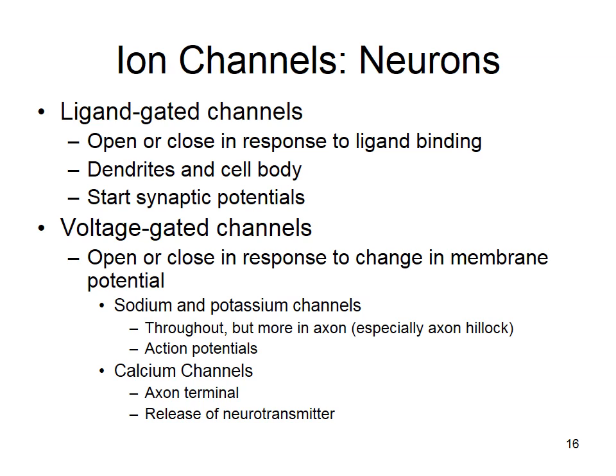Okay, so neurons have two major types of gated channels. They've got ligand gated and they have voltage gated. The two major types of ion channels that are gated on neurons are ligand gated and voltage gated.